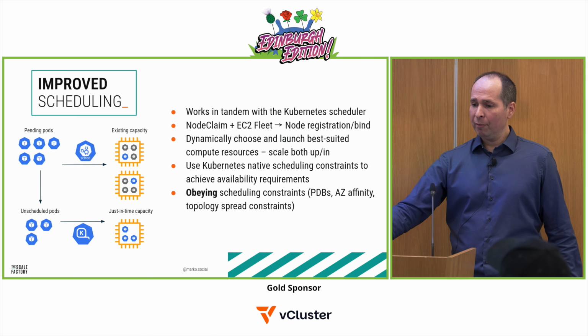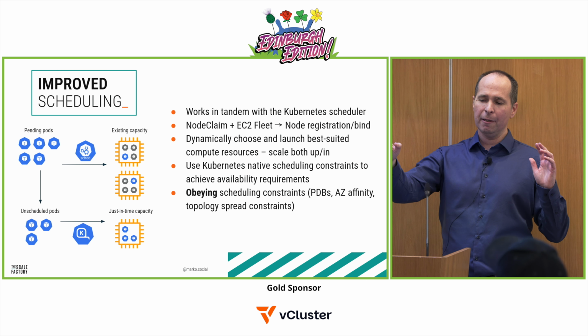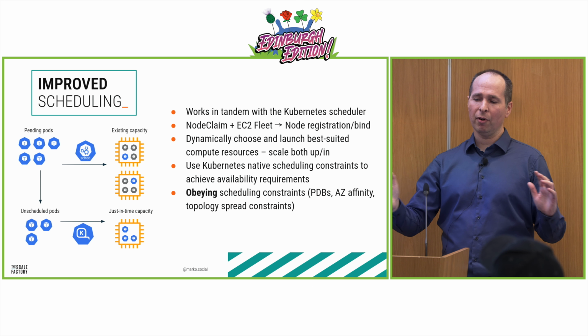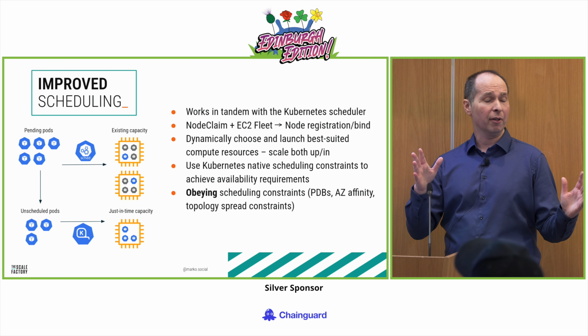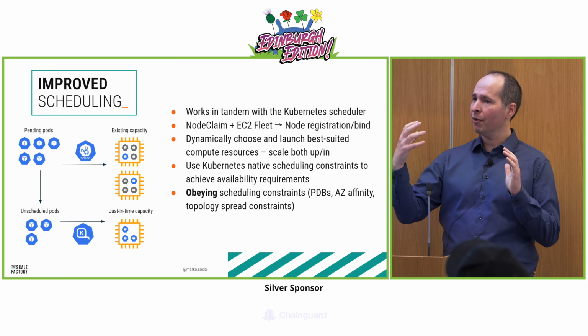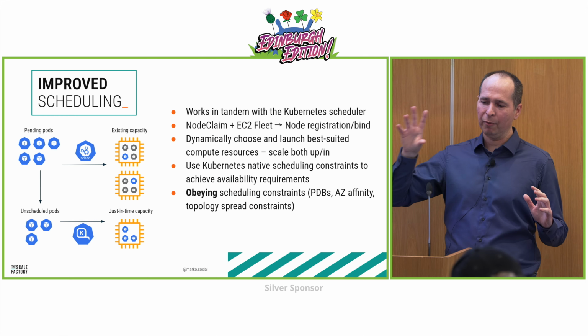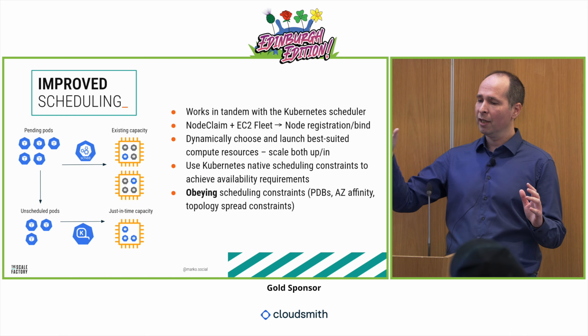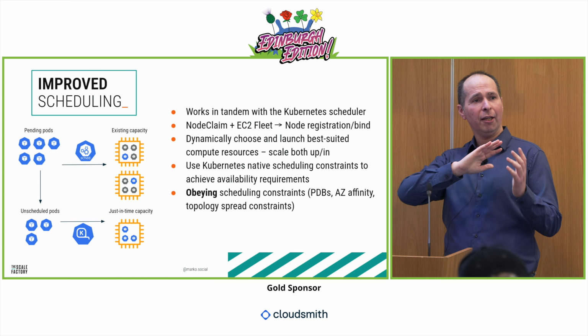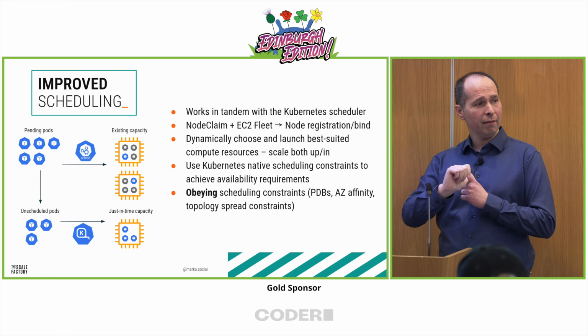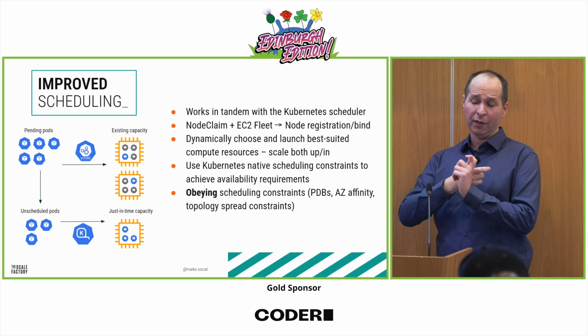Right, we're going to look at two different things that Karpenter does on a high level. I'm not going to dive into very many technical details, but what I want you to take away from this talk is Karpenter in a 10-foot view: it does scheduling, and it does consolidation.